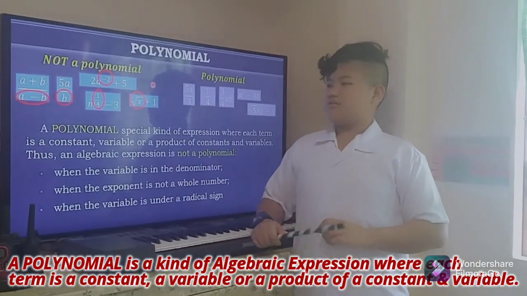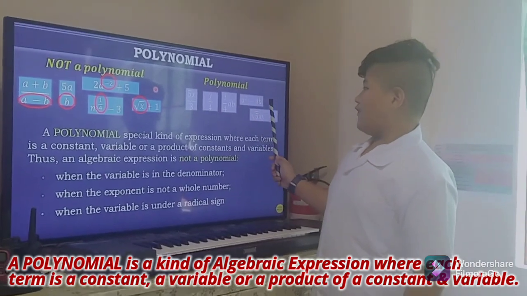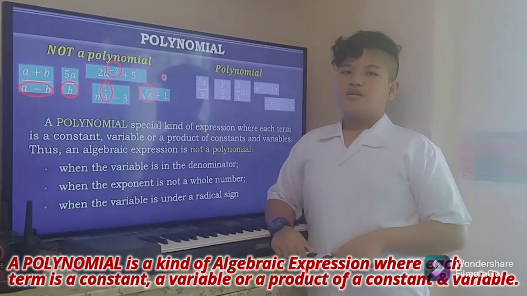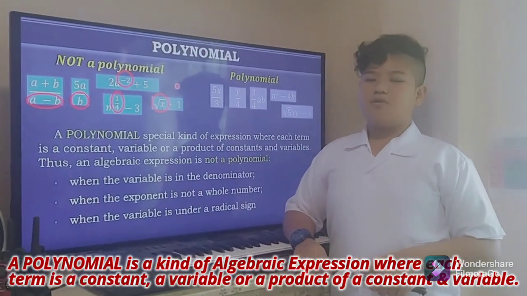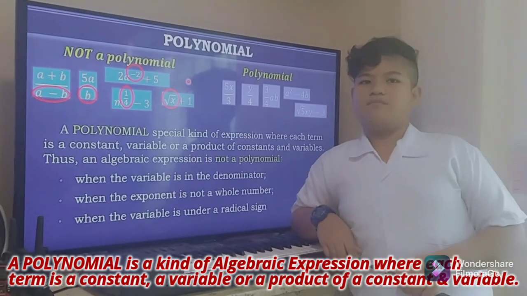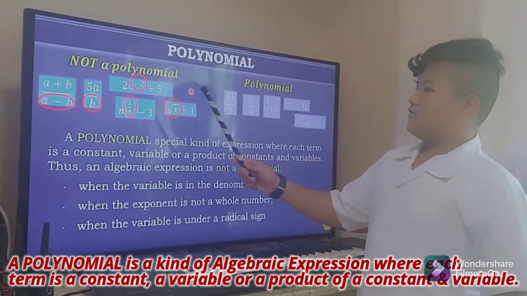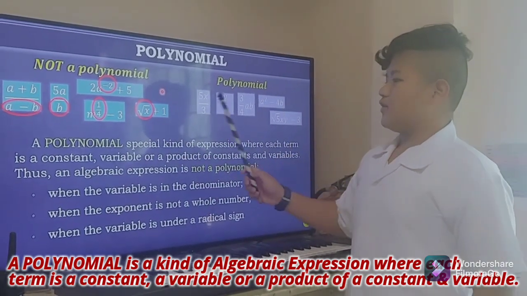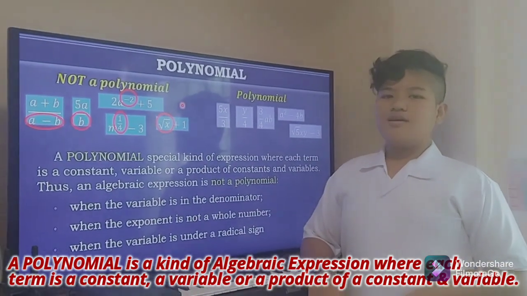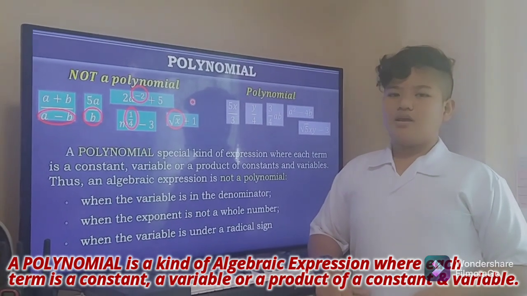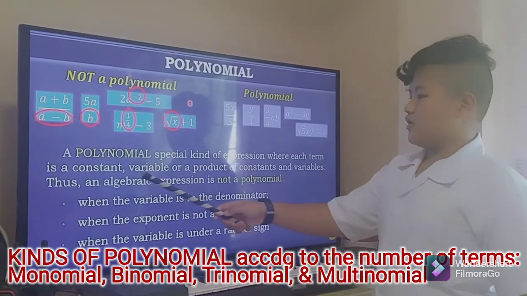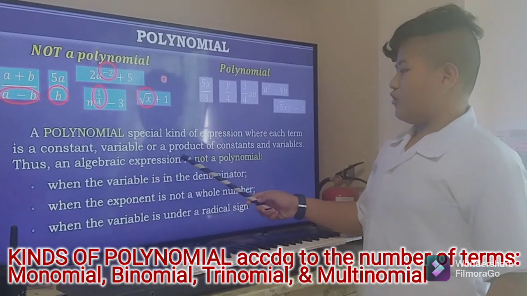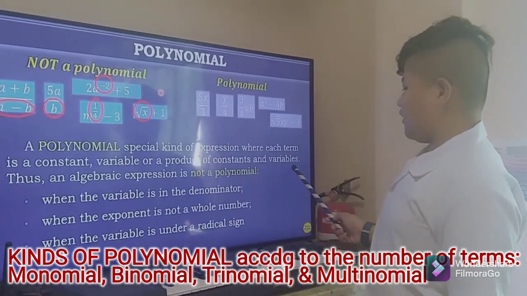Algebraic expressions. All of these are a set of algebraic expressions. Sets of algebraic expressions are polynomial and non-polynomial. What is a polynomial? A polynomial is a special kind of algebraic expression where each term is a constant, a variable, or a product of constant and variables.